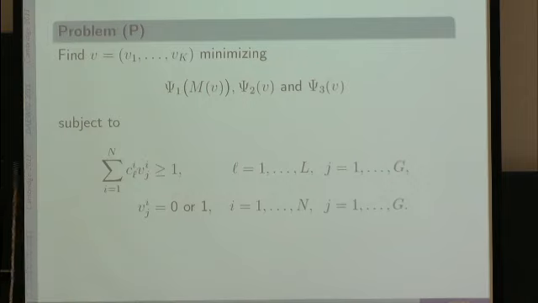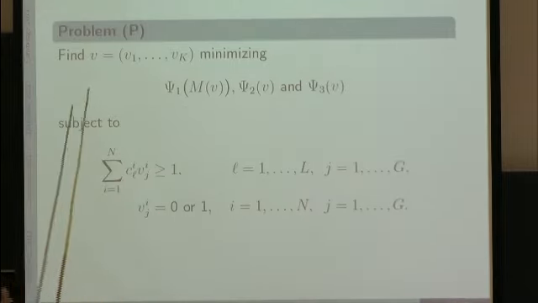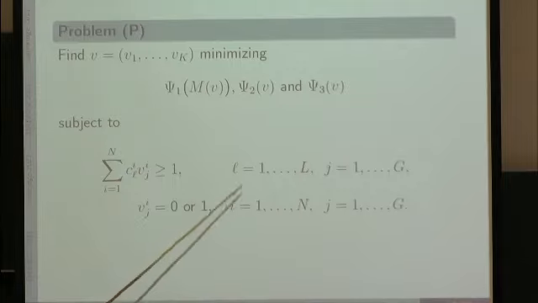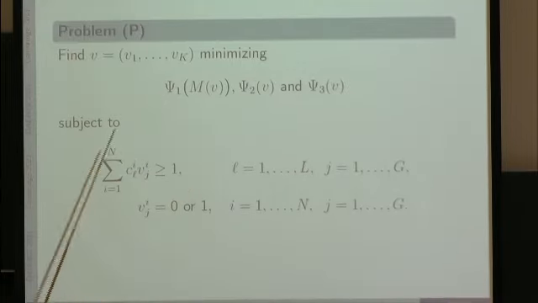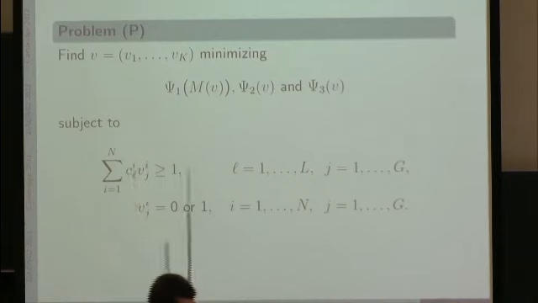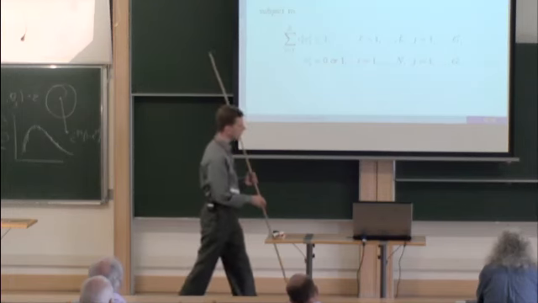Combining all this together, we come up with extremely difficult multi-objective design problems. We have to simultaneously maximize the accuracy, minimize the resources, minimize the usage of the resources, and fulfill the coverage constraints.